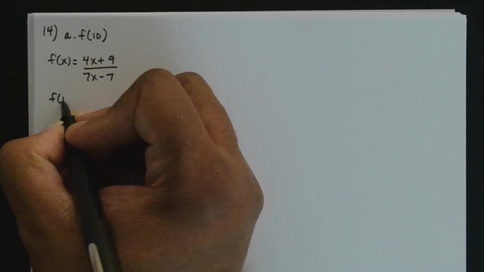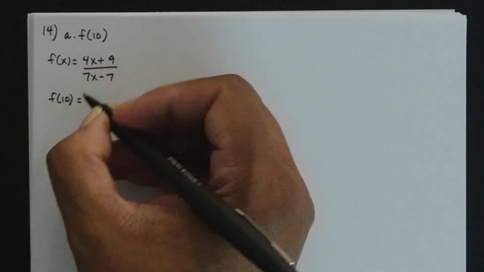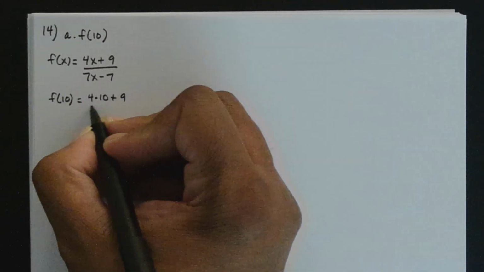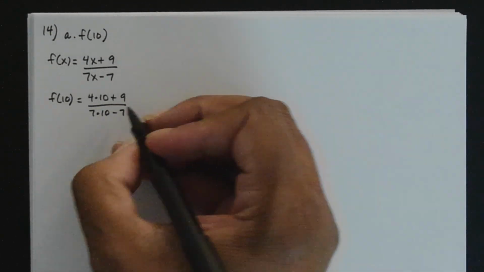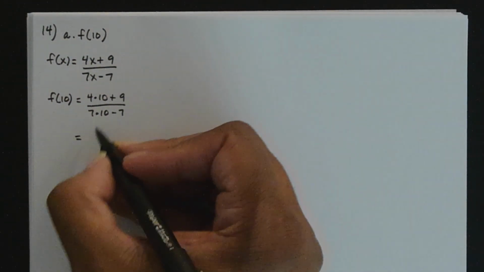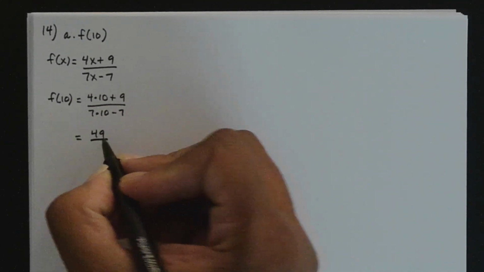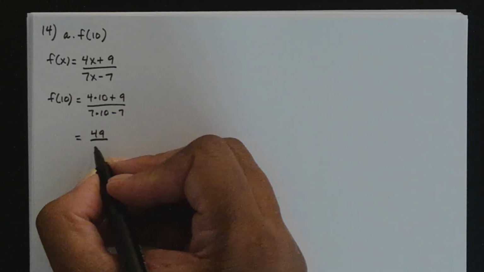And we're going to find out what f of 10 is by just replacing the x with 10. Now in this case here, 4 times 10, that would be 40, plus 9 would be 49. 7 times 10 is 70, minus 7 is 63.